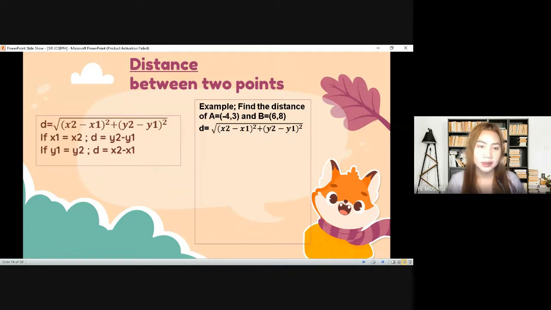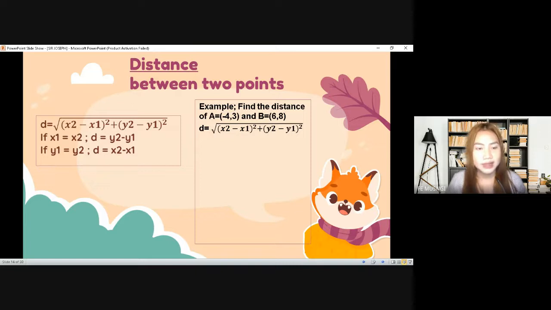D is equal to the square root of x sub 2 minus x sub 1 squared plus y sub 2 minus y sub 1 squared. So, if x sub 1 is equal to x sub 2, then D is equal to y sub 2 minus y sub 1.